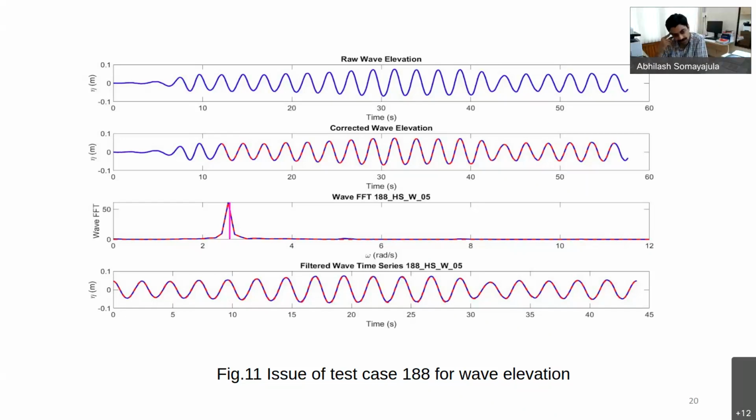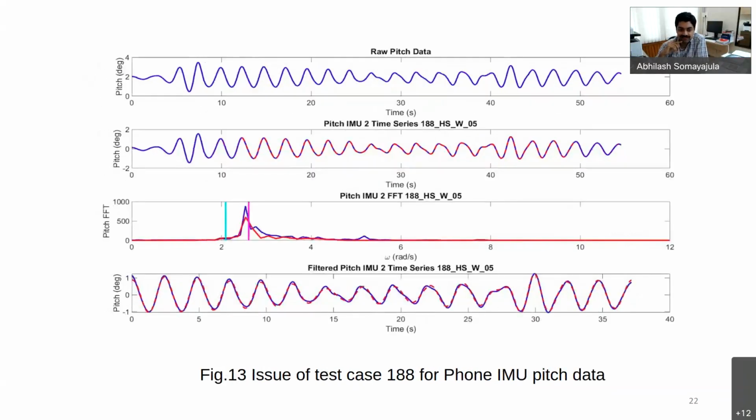But somehow, funnily, I've observed that if you look at the Xsens versus the phone in the low frequency regime, you'll find there is a difference in amplitude between IMU1 and IMU2's predictions. For example, here the amplitude is 1 degree. Go back.